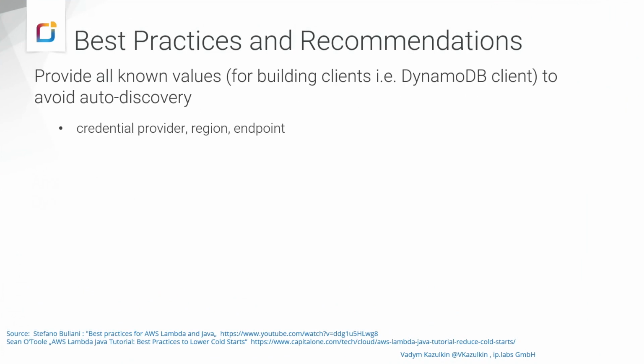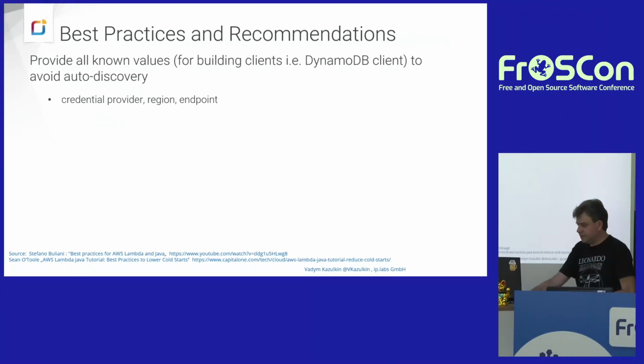So another thing is, if you deploy your function to an AWS account, you generally deploy it to some region that you use. We are using, for example, EU Central 1, this is Frankfurt. And sometimes we don't provide the region and credential provider, because AWS can figure out what the region is. They know where you're deploying your function, of course.